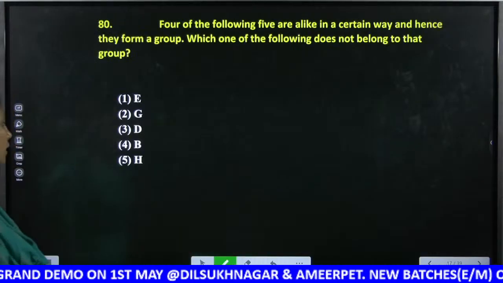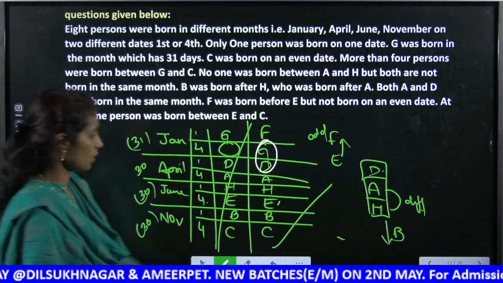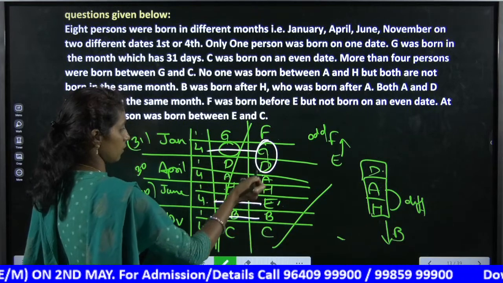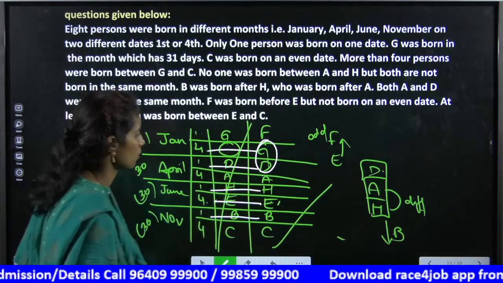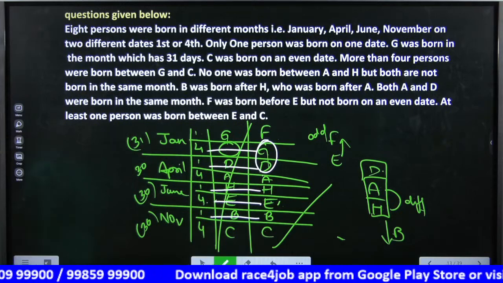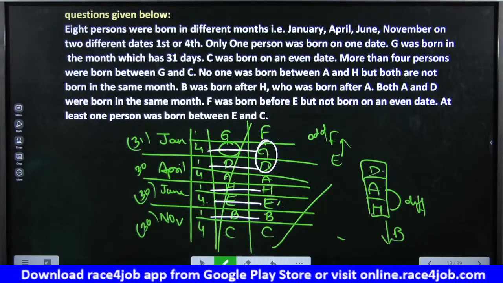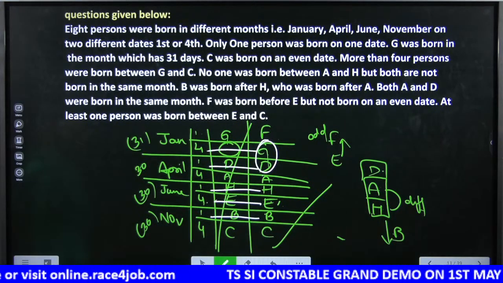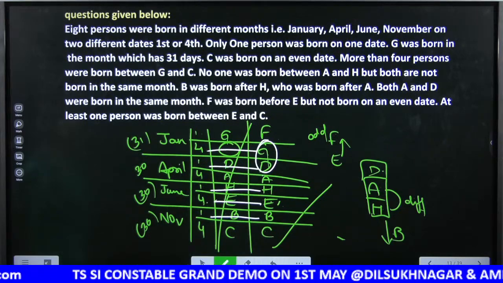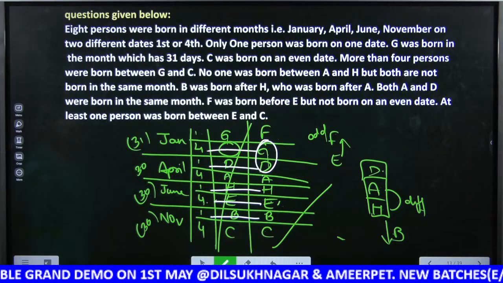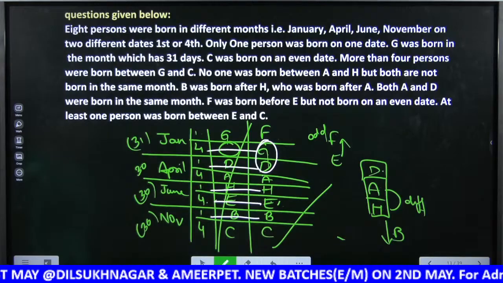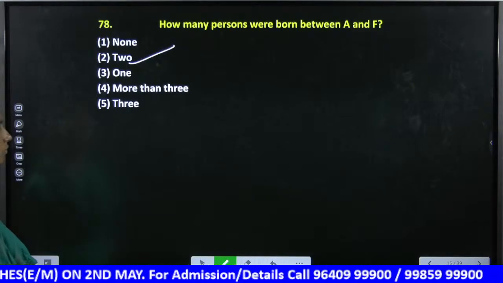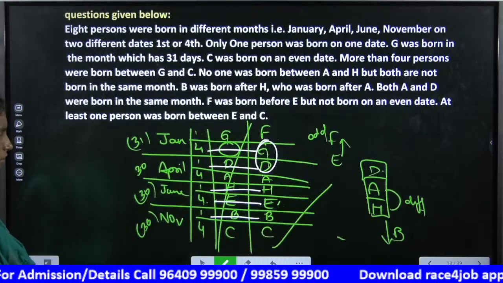Okay, E, G, D, B, H. E, G, B, D, H. E, G, D, B, H. E is in the June month.